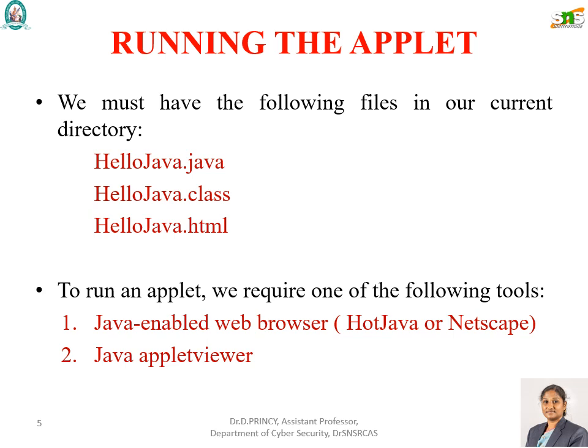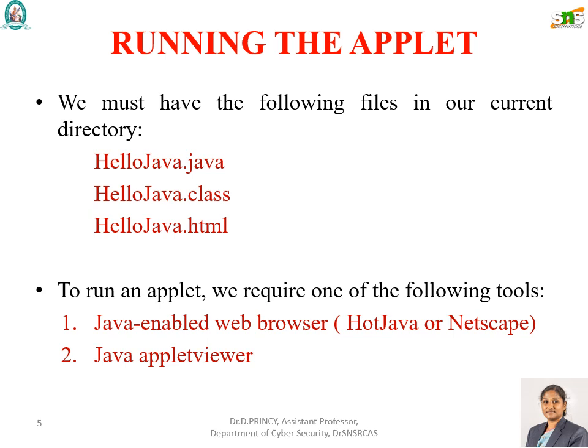Running the applet. After creating the HTML file, we have to run the applet. Before running the applet, we must have three files in our current directory. The first file is filename.java, the second one is filename.class, and the third one is filename.html.